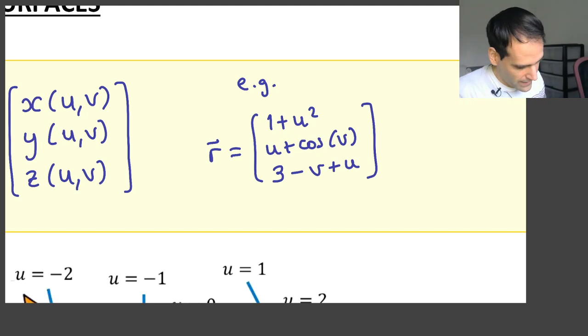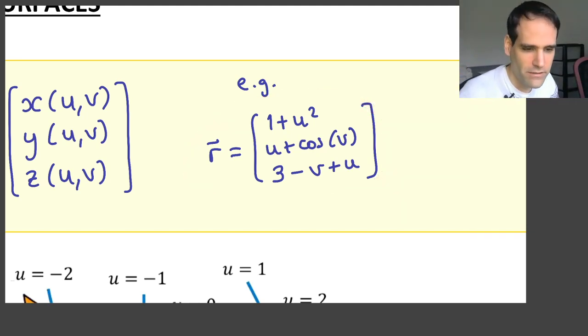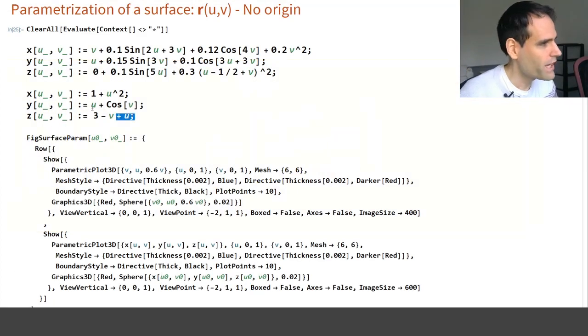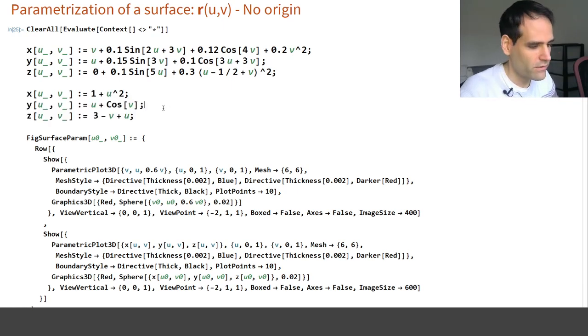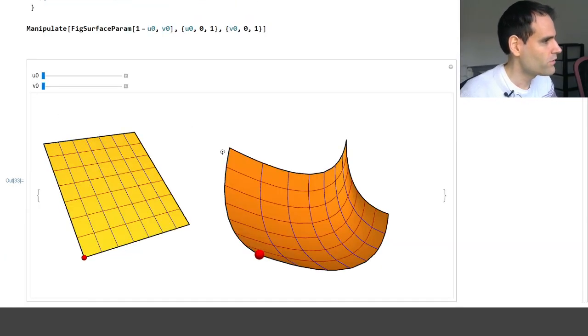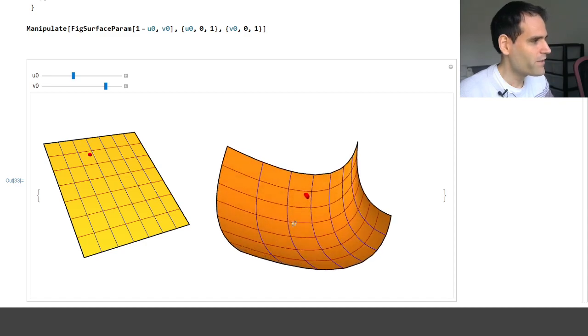In fact, if I get this function, which I wrote completely at random, it wasn't planned, and I now write it in Mathematica, which I just did, it's this function here, and I plot the surface that this corresponds to, we get this strange curved thing. But you can see that each value of u and v results in a point along this surface. Okay, so that is it. That is a parametrized surface.